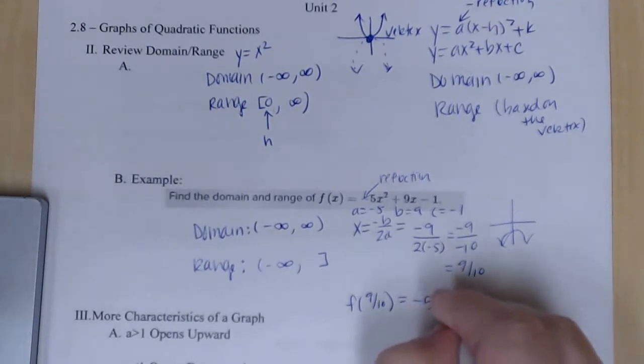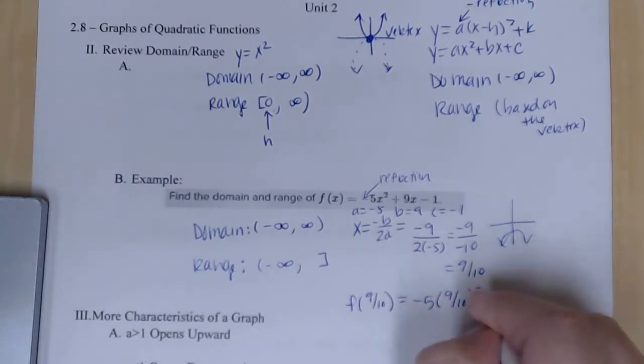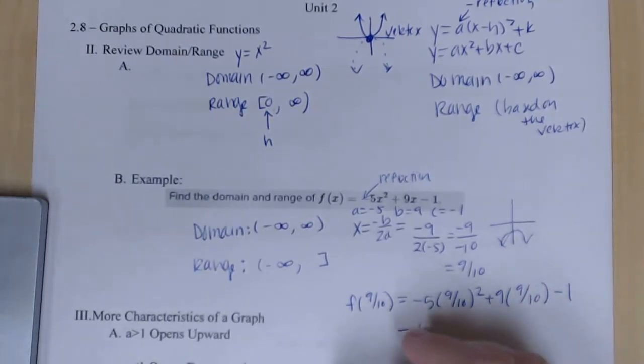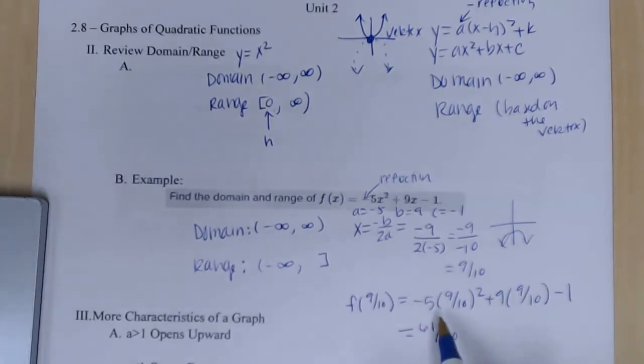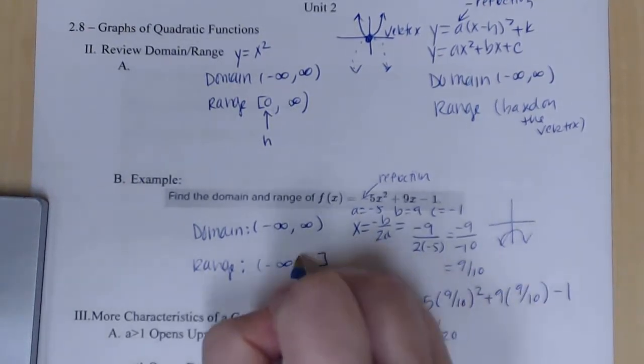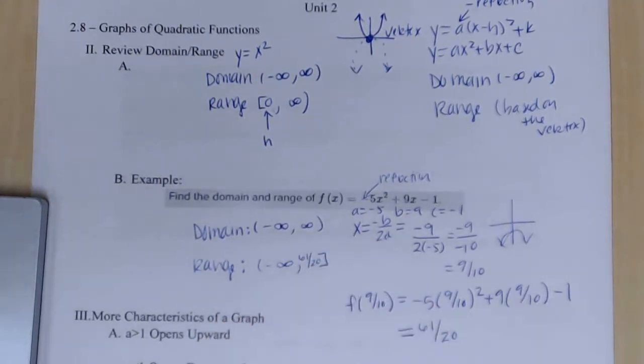So it'd be negative 5 times 9 over 10 squared, plus 9 times 9 over 10, minus 1. And this comes out to be 61 over 20. I just used my calculator to input all this using parentheses where necessary, and it outputted about 3.05. But the improper fraction would be 61 over 20.